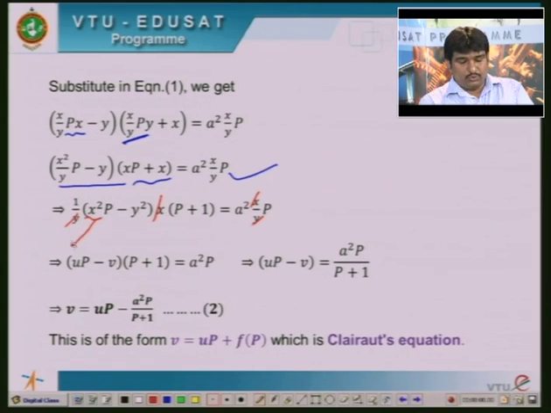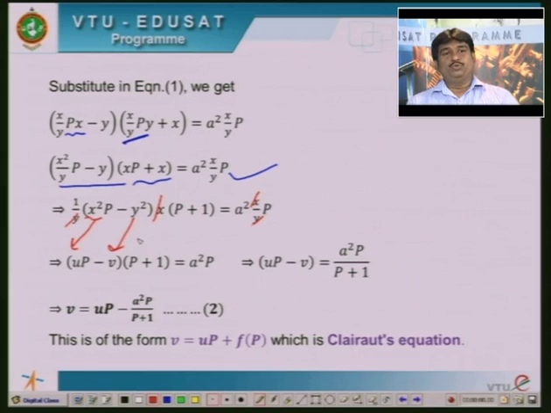You know that x square is u and y square is v. So in terms of the new variables this becomes u into capital P minus v into P plus 1 equals a square into capital P.